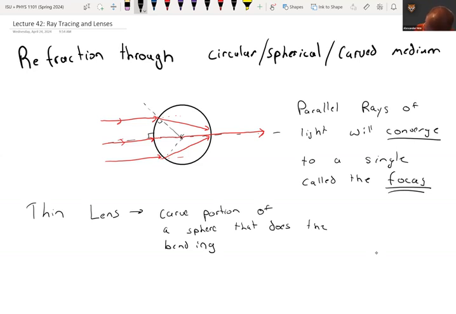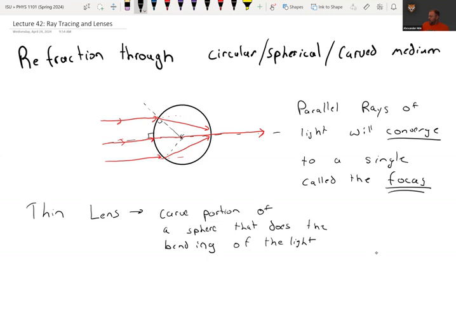But you don't need all the glass in the middle, since the curved surface is what does the bending of the light. As a matter of fact, that can sometimes present problems, particularly when we think about what we talked about yesterday with prisms: if your colors are refracted slightly differently and you don't have monochromatic light, you don't have light of a single color, the color will start to separate.